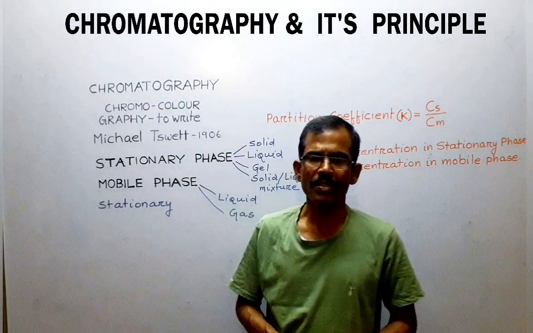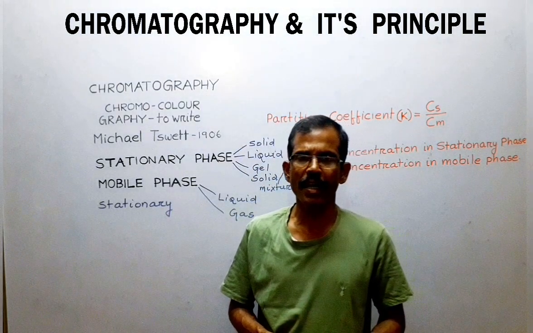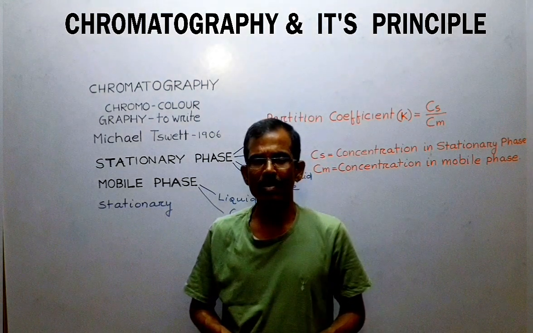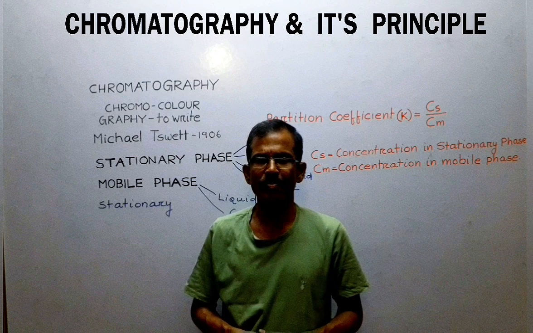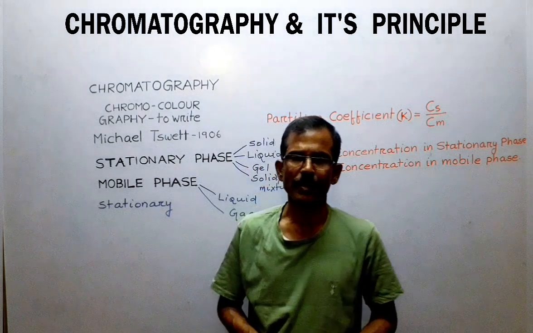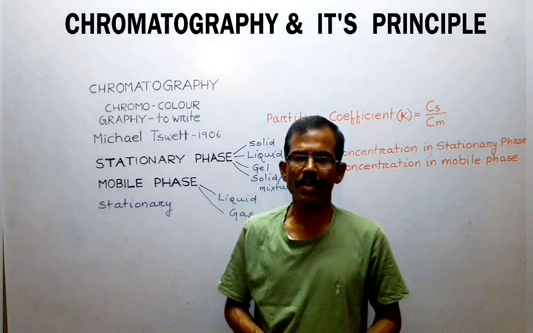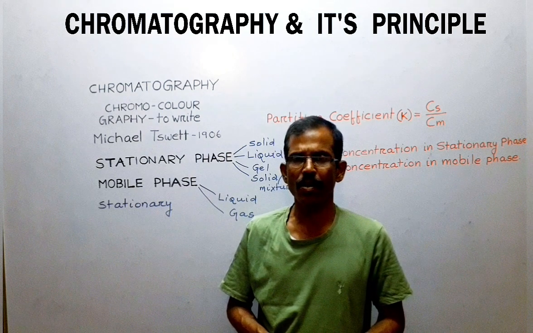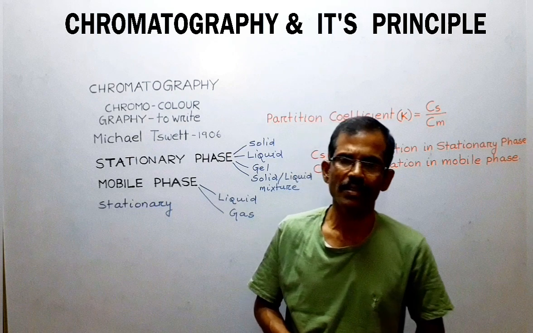Different components of a sample mixture interact with the two phases differentially on the basis of small differences in physicochemical properties. This differential interaction results in differential migration of individual components.